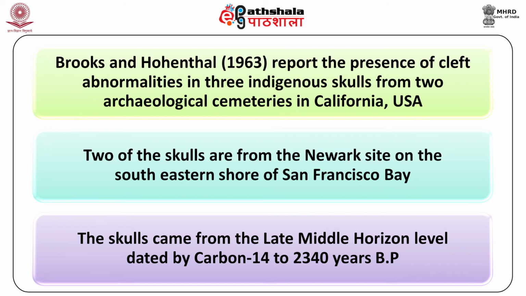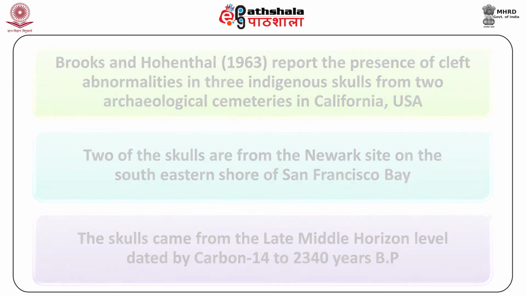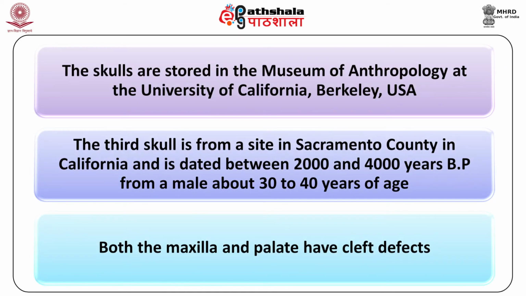The skull came from the late middle horizon level dated by carbon-14 dating to 2340 years before present. The skulls are stored in the Museum of Anthropology at the University of California, Berkeley, USA. The third skull is from a site in Sacramento County in California and is dated between 2000 and 4000 years from a male about 30 to 40 years of age.